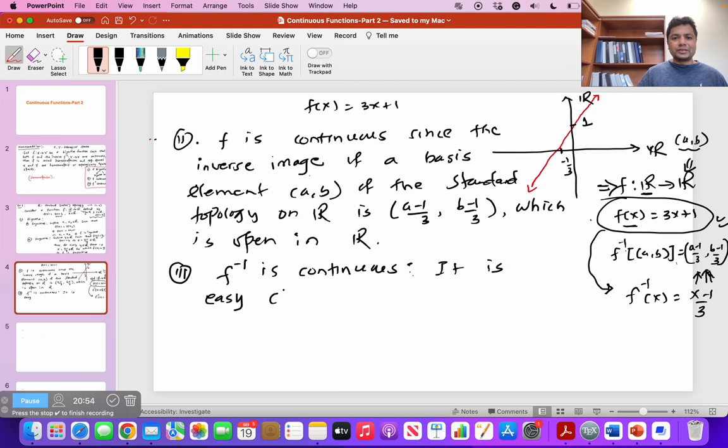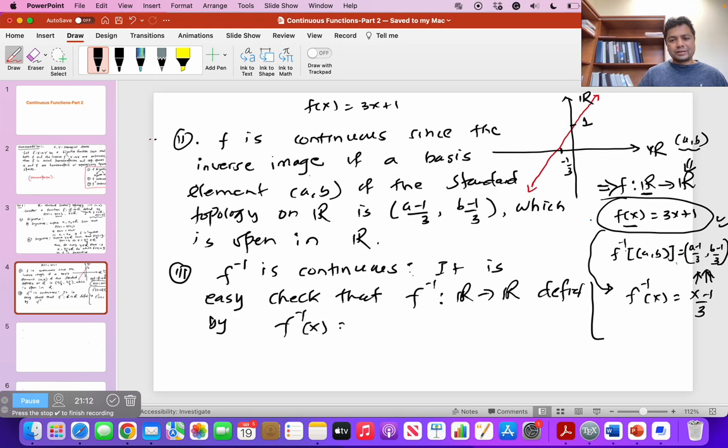It is easy to check that f inverse from R to R, defined by f inverse of x equals x minus 1 over 3, is the inverse of f.